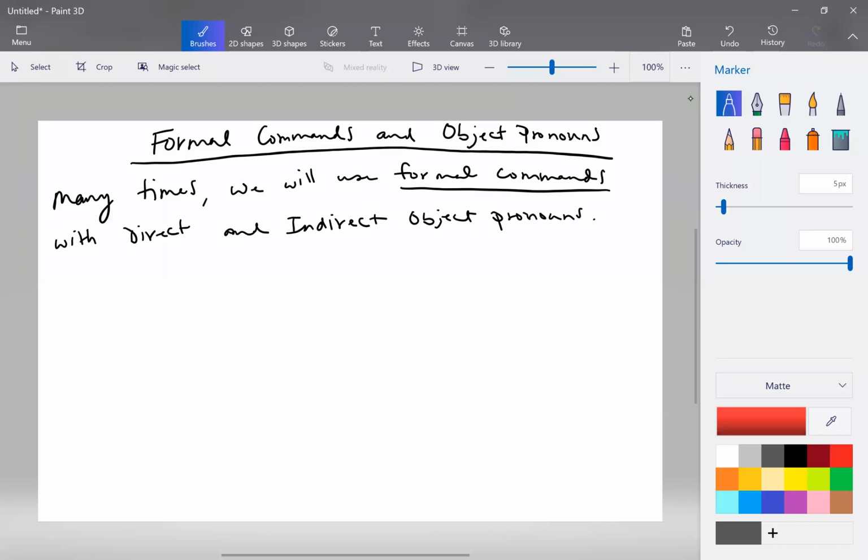So many times we're going to use formal commands with direct and indirect object pronouns. So for anybody who thought those were going away, sorry, here they are again.